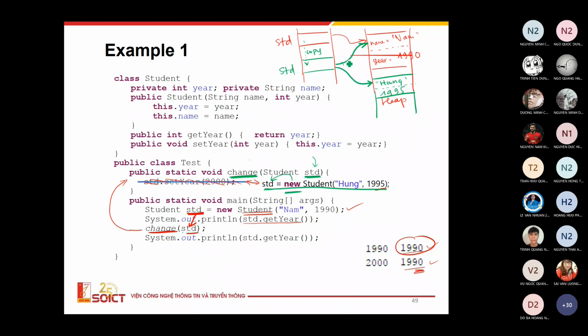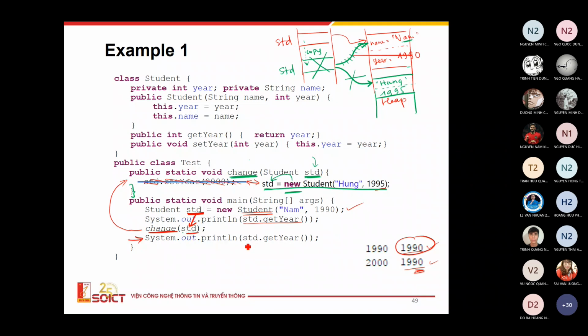Okay, so now STD does not refer to the object of Nam, it refers to the object of Hoa. Okay, and this is the end of the train method. So this one is deleted. This one is deleted. Okay, and come back to the main method. What do you have?